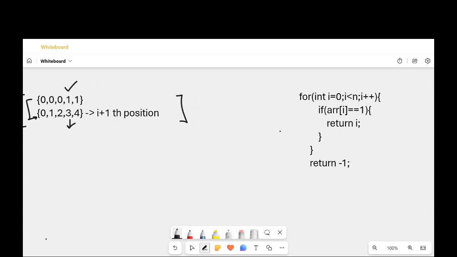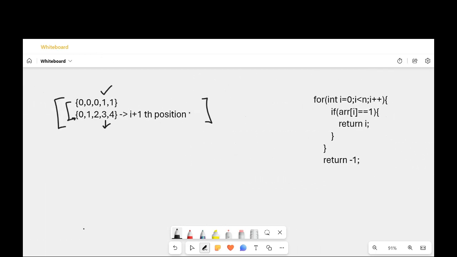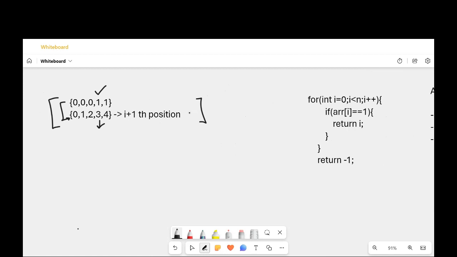So when we think about the brute force approach, what can we think is that, let's say we are iterating through this particular array, and the first time I'm encountering a one, I can just return that index, right? So this will be the brute force solution, wherein we will iterate through this array.